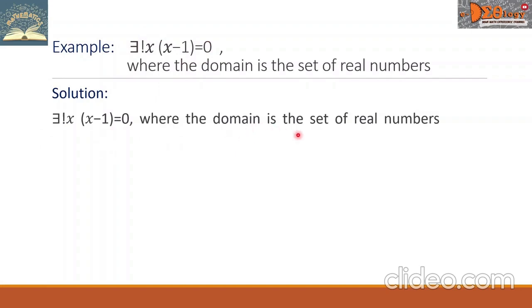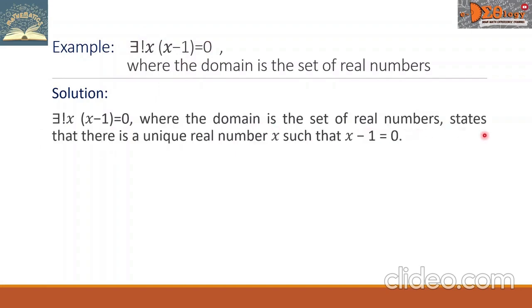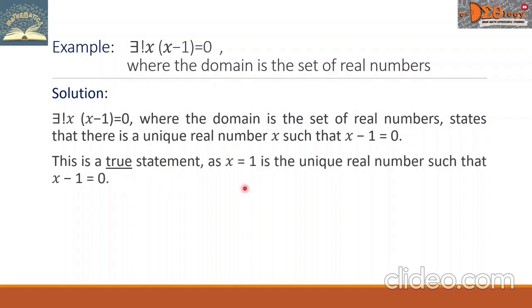Our symbol here states that there is a unique real number x such that x minus 1 equals 0. This is a true statement, as x equals 1 is the unique real number such that x minus 1 equals 0.